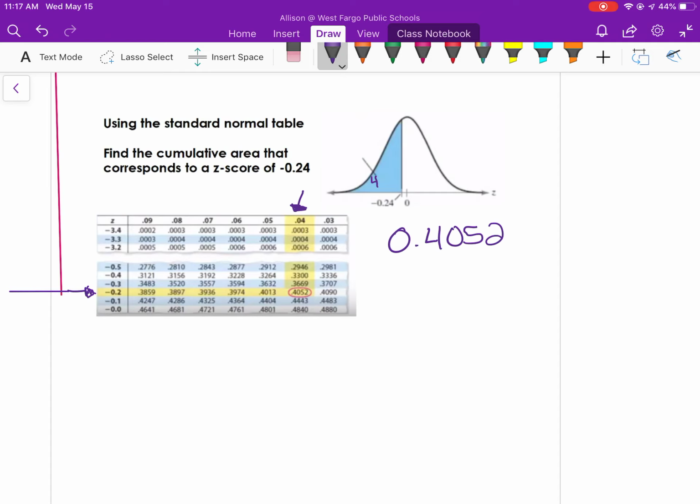So right here to the left is 40.52% of the data. So almost 50%, it's very close to the middle, but it's a little bit to the left, so it's a little bit under 50% of the data.